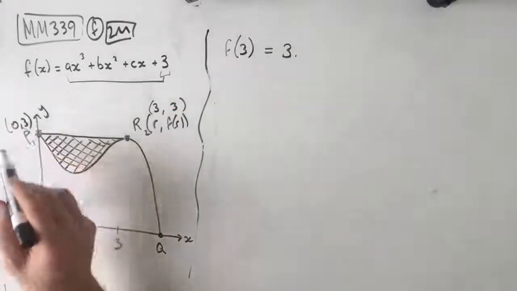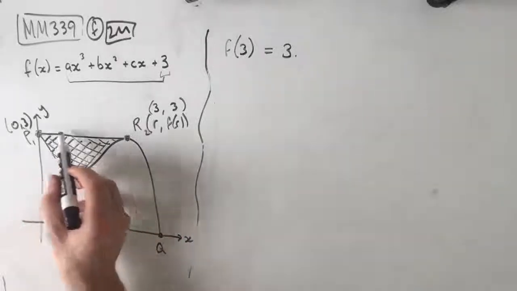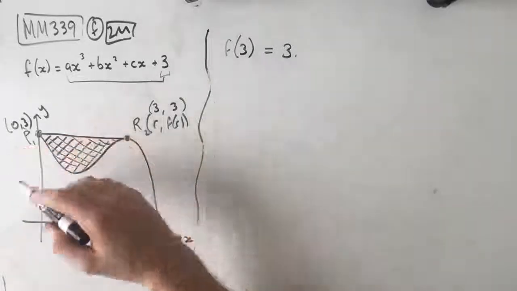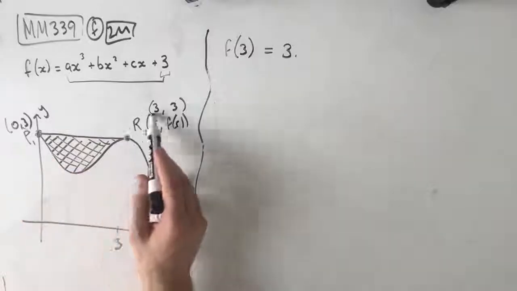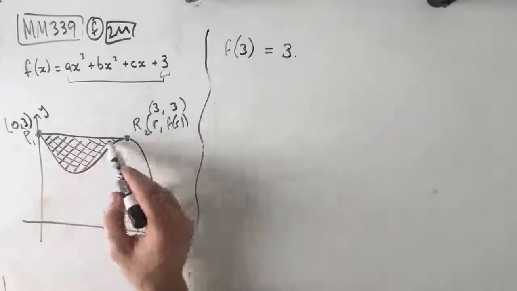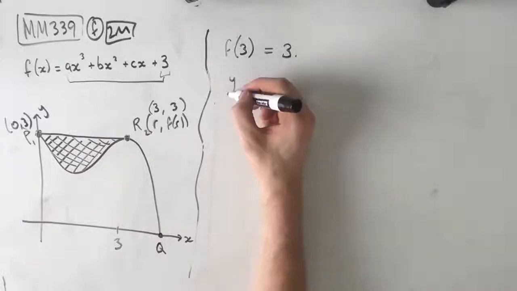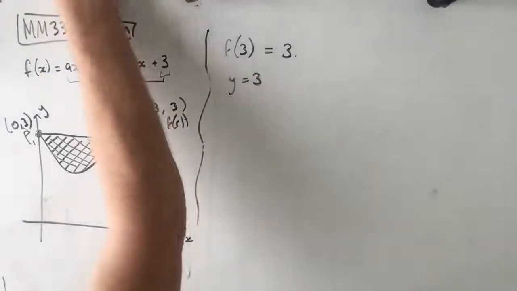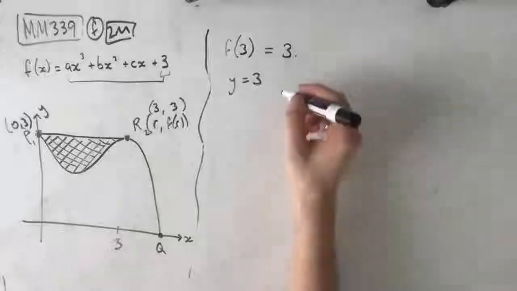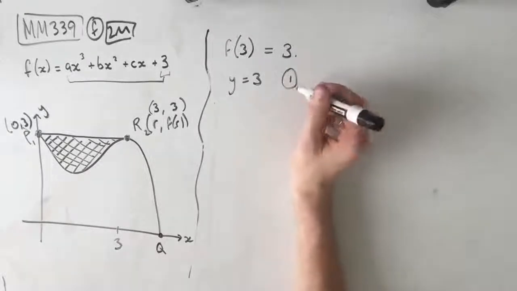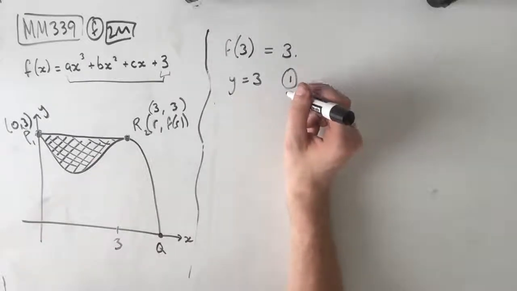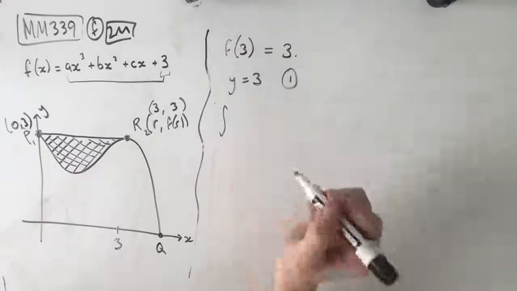Now, if this is 0, 3, that means that this line here is actually flat, all right? It's got a gradient of 0, because from 0, 3 to 3, 3, it hasn't moved up or down, it's just gone across, which means that the equation of our tangent is actually y equals 3, all right? So that's actually our first mark. Now, this seems like a lot of work for 2 marks, but that's just how it is.